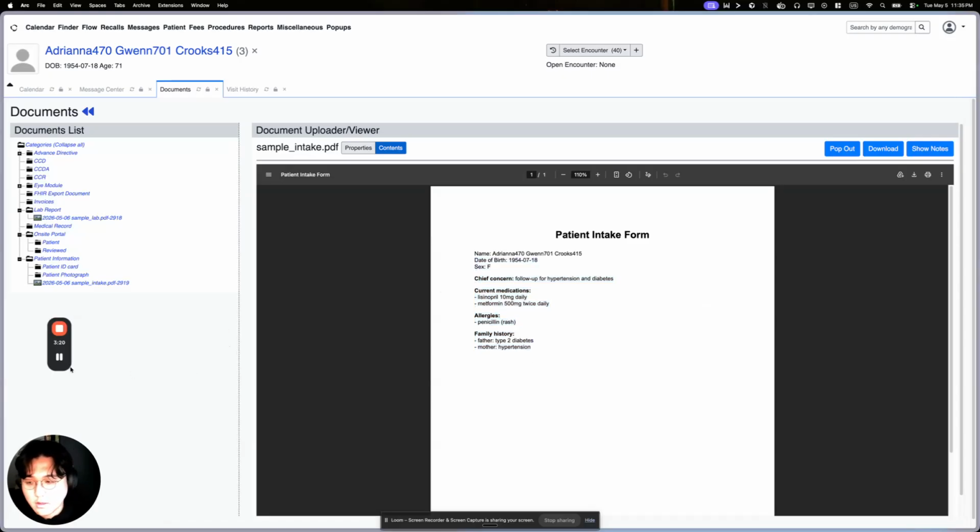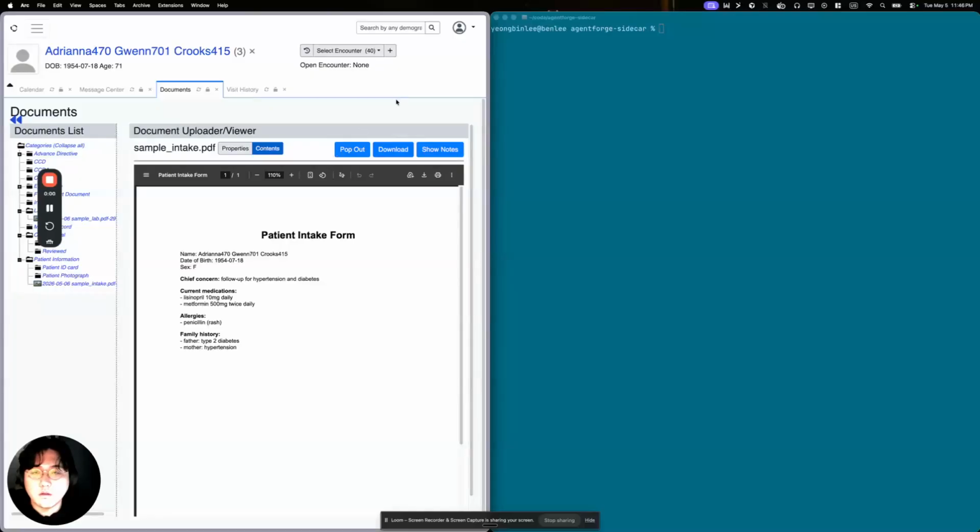A normal chart might be more information rich, but this is an example of something a patient might come with. This represents the first half, the storage half, of the week 2 contract.